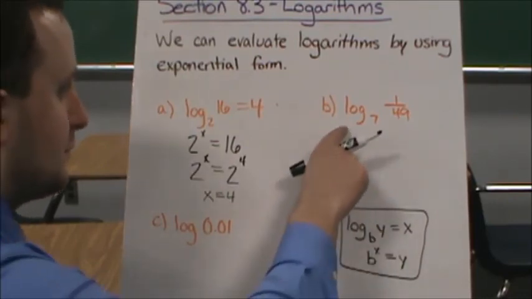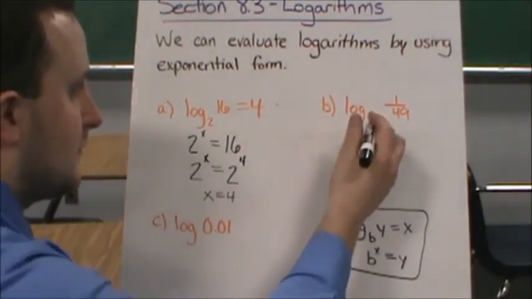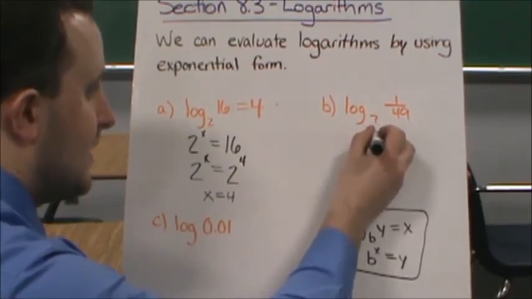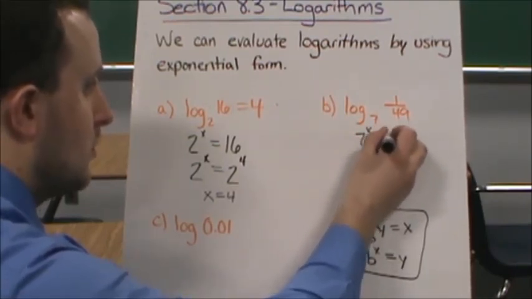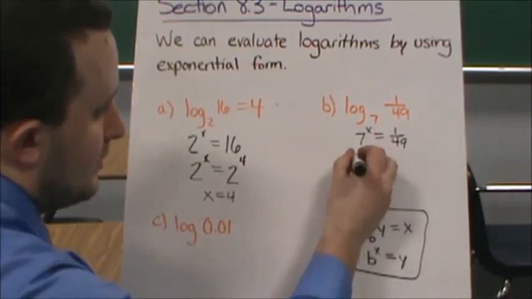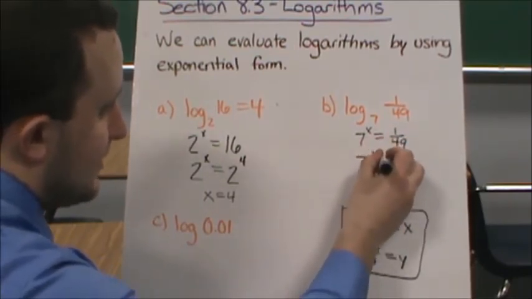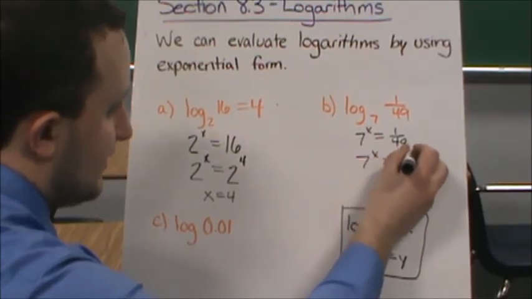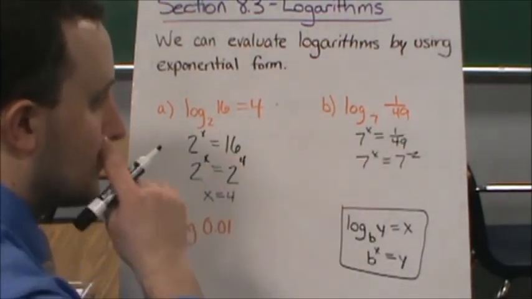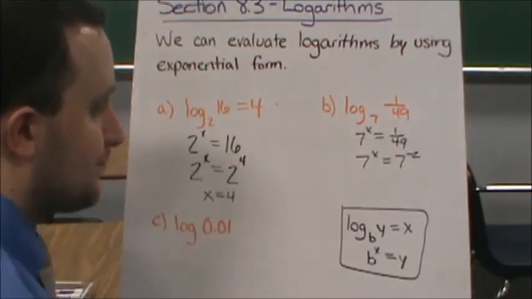And for the next one, example B, log base 7 of 1 over 49. We have 7 to the xth power equals 1/49. We can rewrite 1/49, so we have 7 to the x power equals 7 to the -2. That's what that really means, 7 to the -2 is 1 over 49.